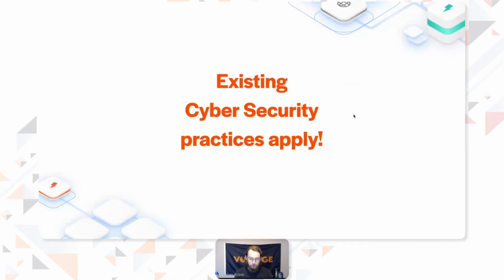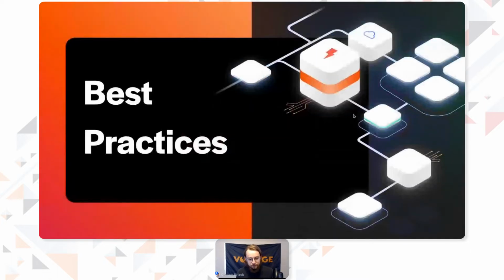There are some nuances, obviously, about the ways that nodes operate and the funds and all of those things. But generally speaking, a lot of the same practices apply to general cybersecurity. So that's a really good thing, that we don't have to reinvent the wheel.